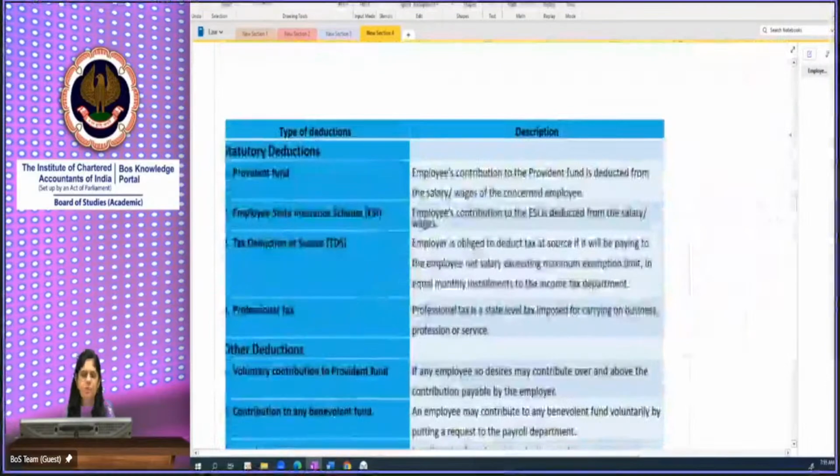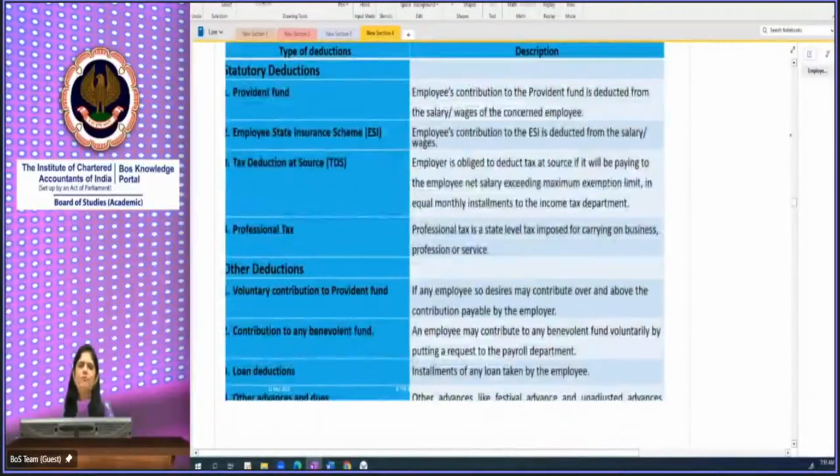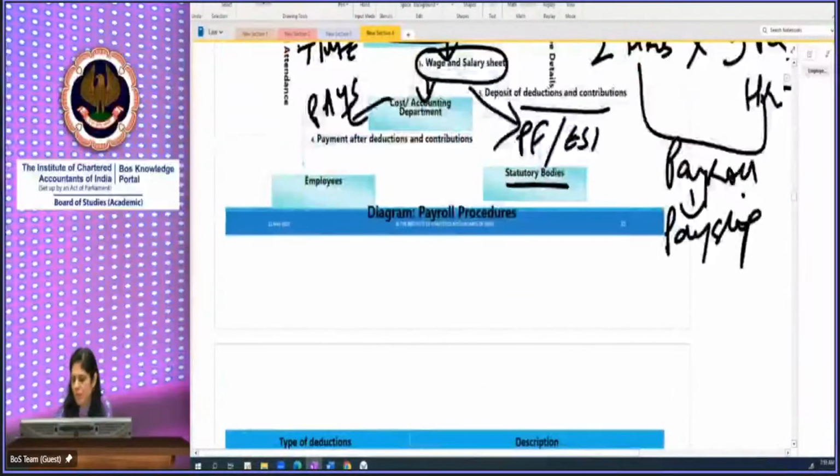Let us proceed further. These are the deductions which happen from the salary of every employee. Provident fund: I hope you know that provident fund is contributed by both employee and employer.